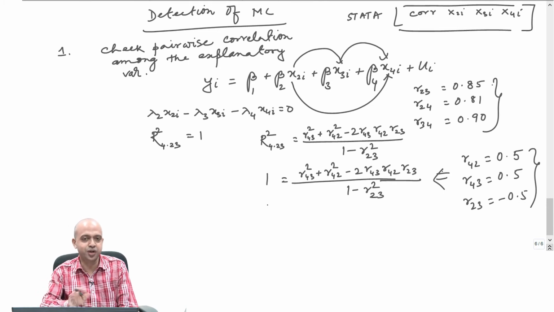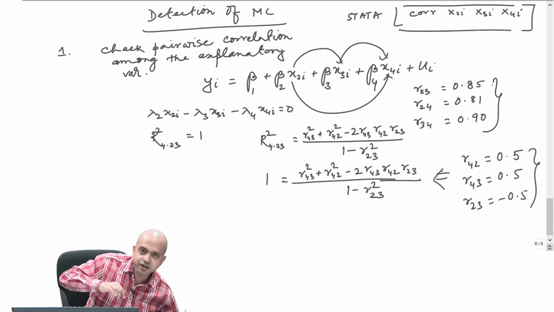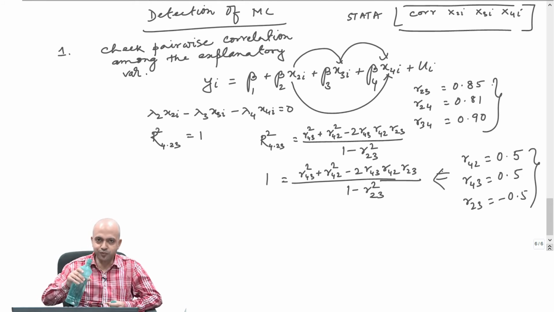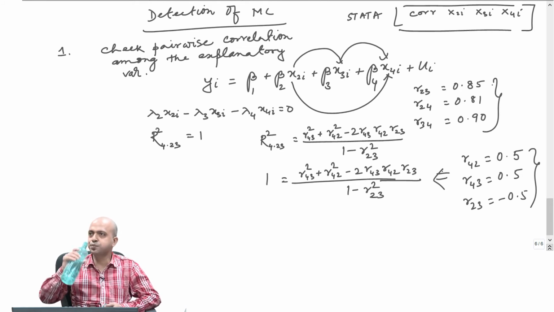That is why this is not a very rigorous statistical measure, because even though pairwise correlations are low, when R square 4.23 is 1 you have serious multicollinearity. The fourth explanatory variable is perfectly linearly dependent on the second and third. The second and third variables perfectly explain the fourth explanatory variable.